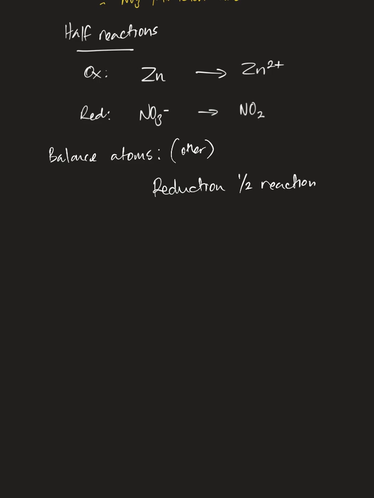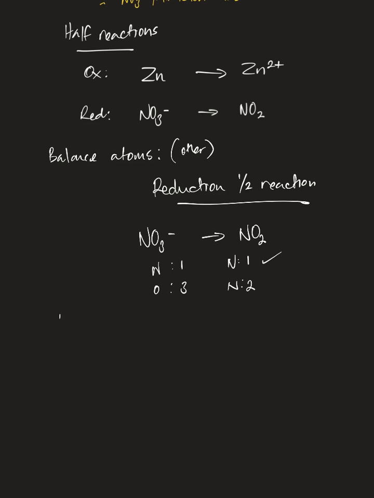Always. So the reduction half reaction is NO3 minus, which is going to give me NO2. Looking at my nitrogens and oxygens on both sides, my nitrogens are 1 on each side, oxygen is 3 here and 2 there. Because my nitrogens are already balanced, I can move on to the next thing.